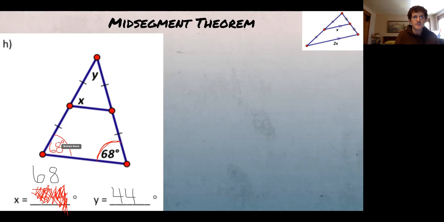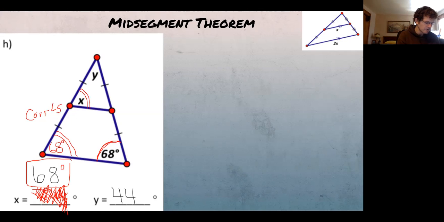And of course, we also have seen this a few times now that these two angles right here are going to be congruent because these are corresponding angles. So no calculation required. Once we know that this is 68, we can kind of work our way through and figure out that this has to be 68 degrees as well for X. But now we can see if this is 68, now let's focus on the big triangle.